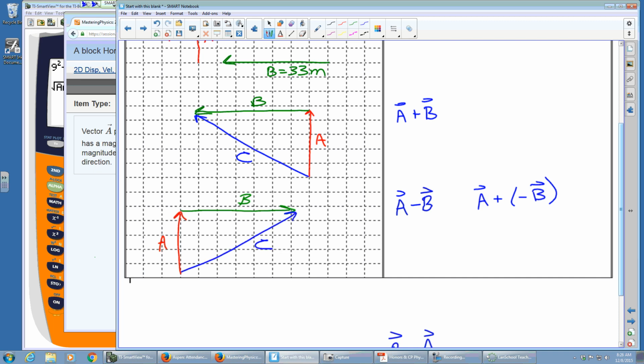And I get a C. That triangle look a little similar to the previous triangle? Yeah, it's just a different orientation, right? But they're similar triangles. Yes? Okay.